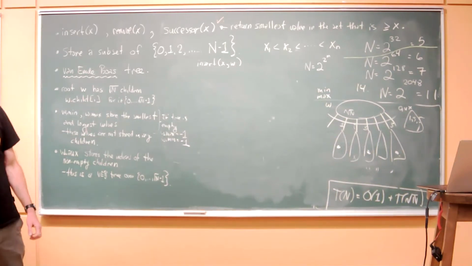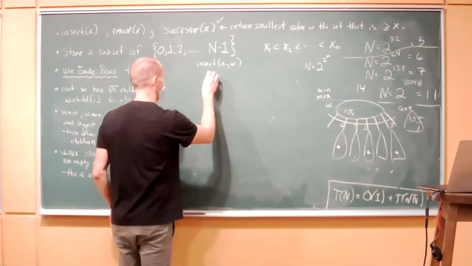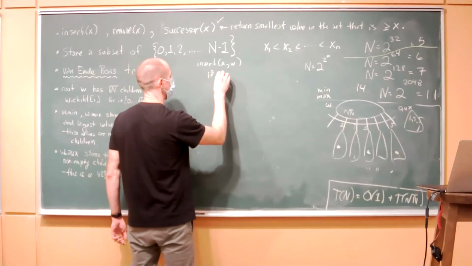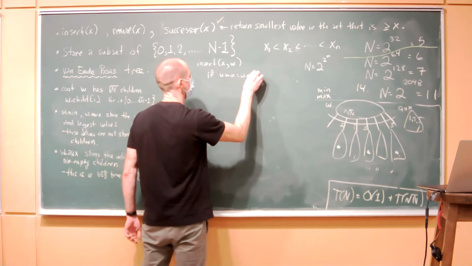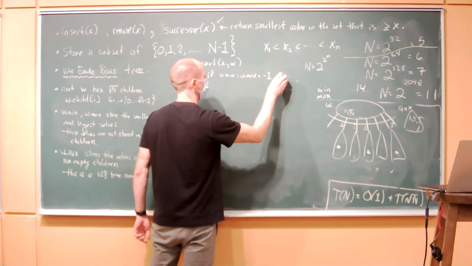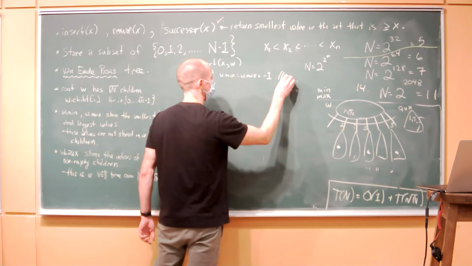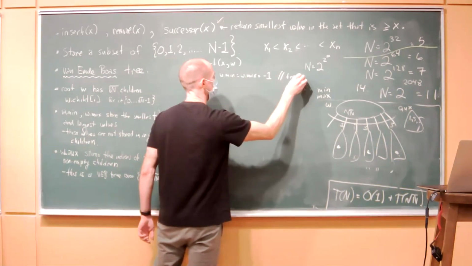It's empty. Yeah. So if W dot min equals W dot max equals -1, then the tree is empty.